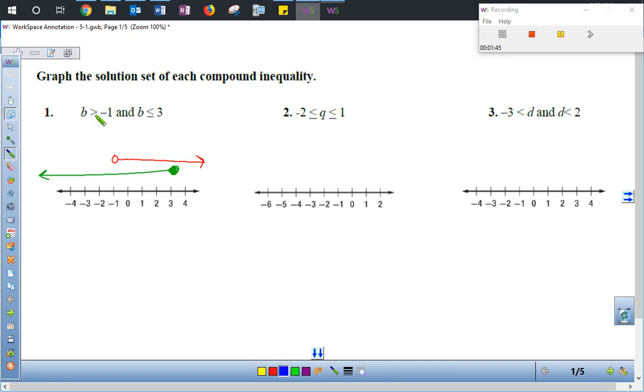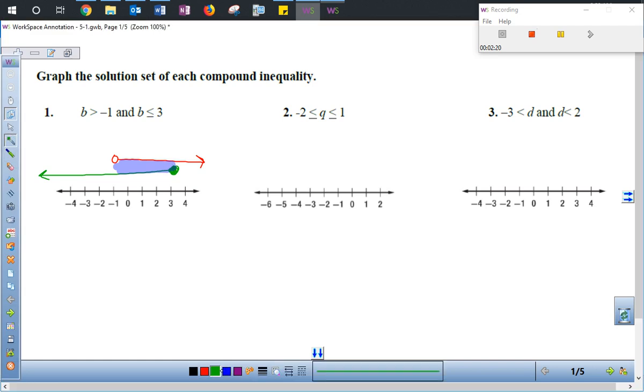Now since this is an and inequality, my final graph is where these two graphs overlap. So notice these two graphs, if I were to read them from left to right, start overlapping right here at this open dot with the -1. And they overlap in all of this space, and they stop overlapping when they get to +3 with the closed dot.